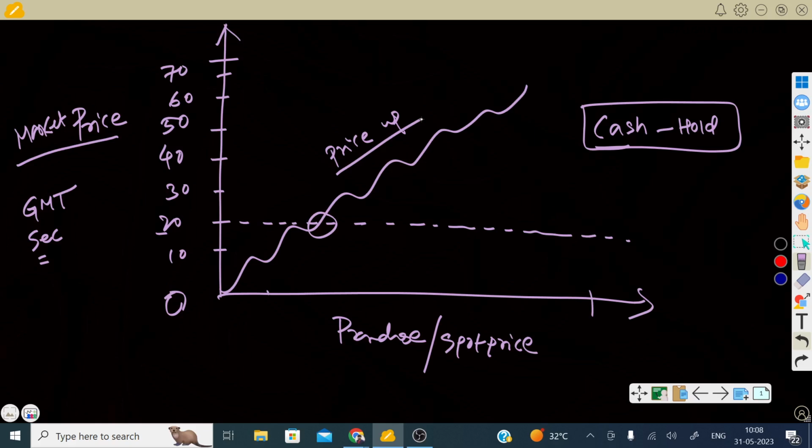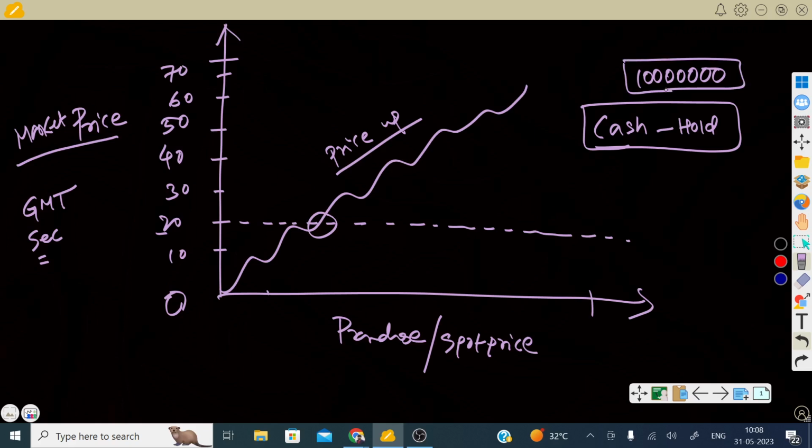The other important aspect is, if you don't have full cash, let's say your target is to buy 10 lakh rupees worth of securities, but you don't have 10 lakh cash. Then what would be the other suitable option?